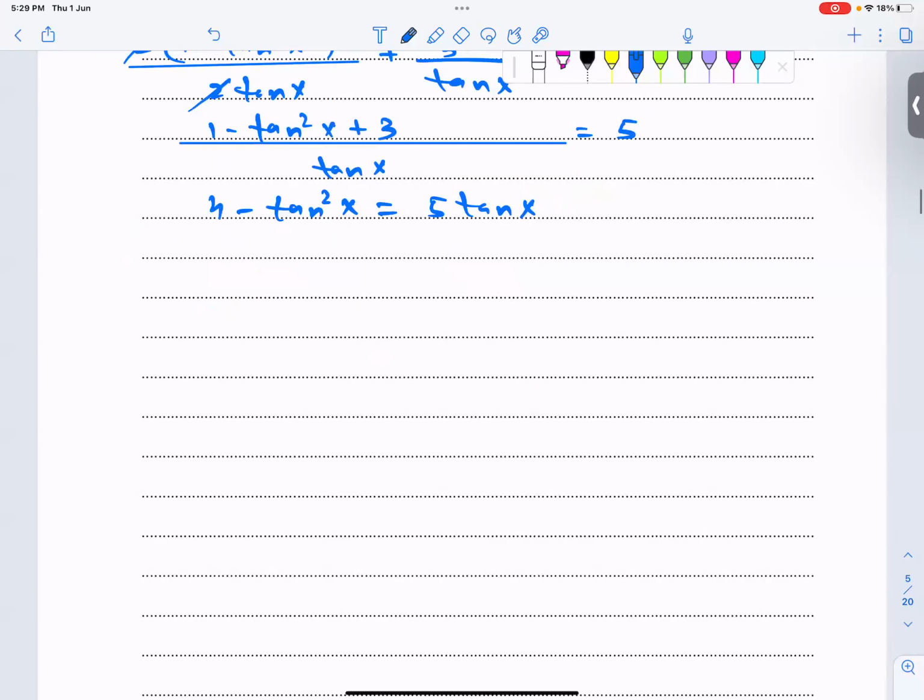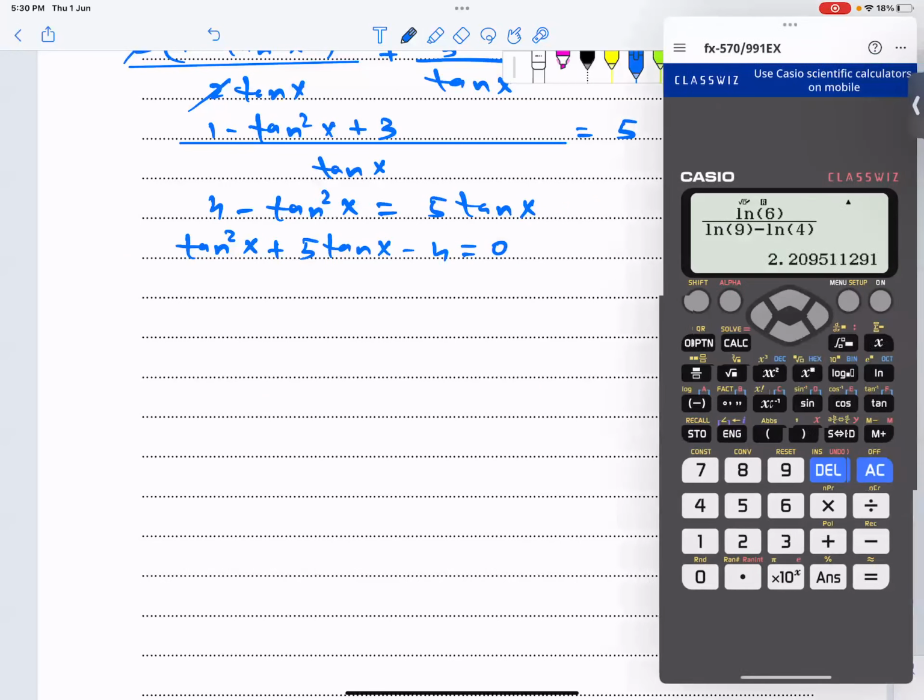So bring all the terms to the right side. So this will become tan square x plus 5 tan x minus 4 equal to 0. So this is now a quadratic equation. We can find the solutions using the quadratic formula.